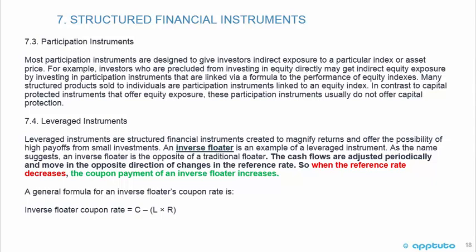The cash flows are adjusted periodically and move in the opposite direction of changes in the reference rate. So when the reference rate decreases, the coupon payment of an inverse floater increases, okay? So a general formula for the inverse floater's coupon rate is: inverse floater coupon rate equals C minus L times R.